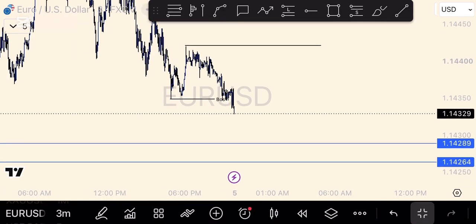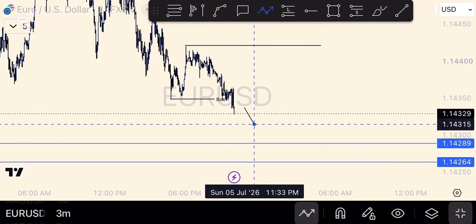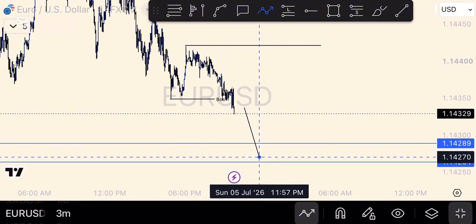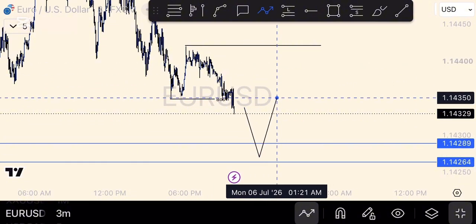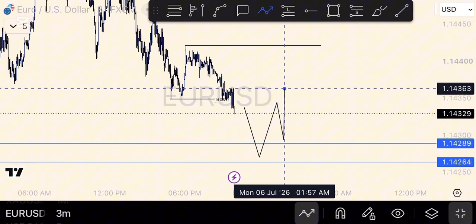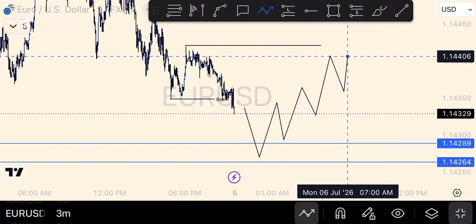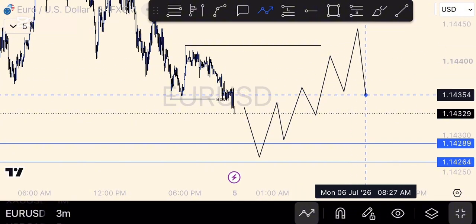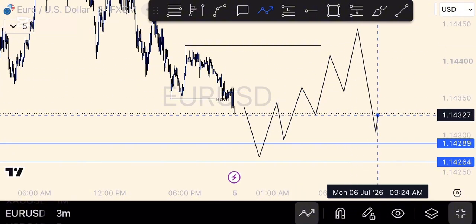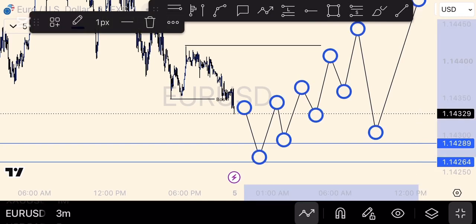So if we can have price dropping here, then giving some series of bullish move to the upside until it breaks this high, then we expect price to clear everything and we can join the buy to the upside.